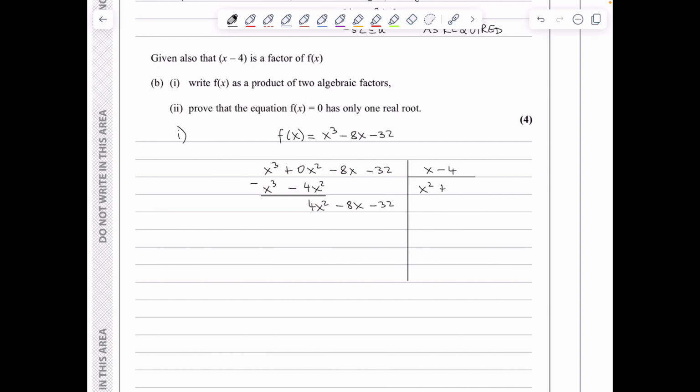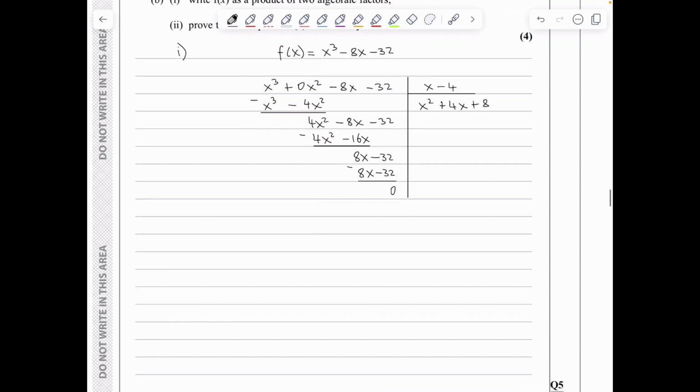I will then multiply by 4x to give me 4x squared minus 16x, and again I deduct, leading to 8x minus 32, and I will now multiply by 8 to get 8x minus 32, and if I deduct, I get the remainder of 0 as expected because x minus 4 was a factor. This means that we can write f of x as being the product of x minus 4 and x squared plus 4x plus 8.